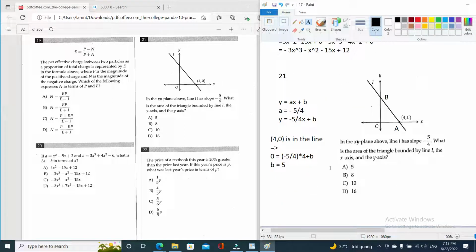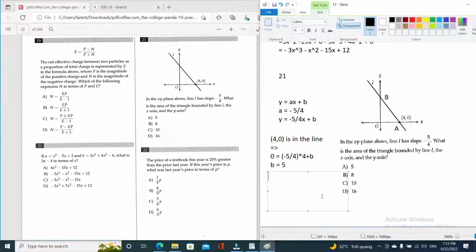So with b equal to 5, we know the intersection at x equals 0, the point B, has coordinates 0 and b, which is actually (0, 5).